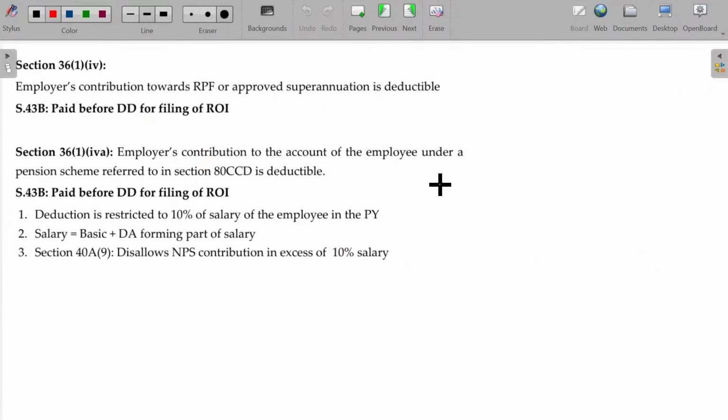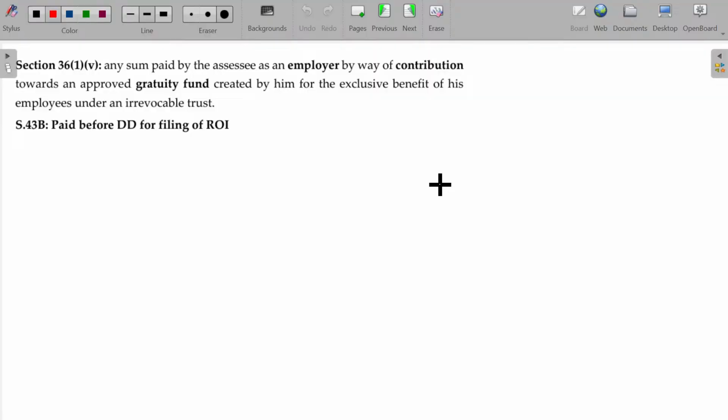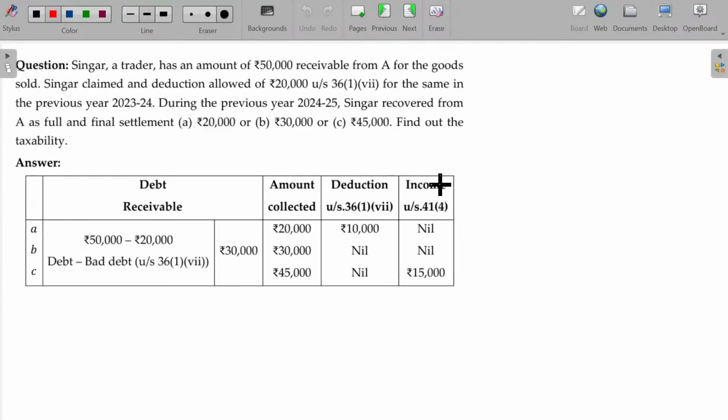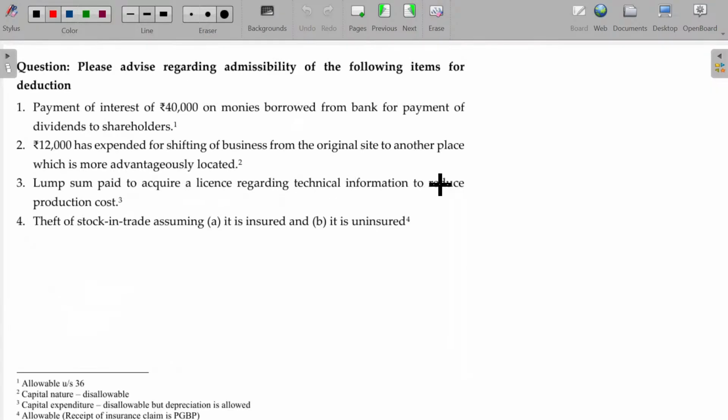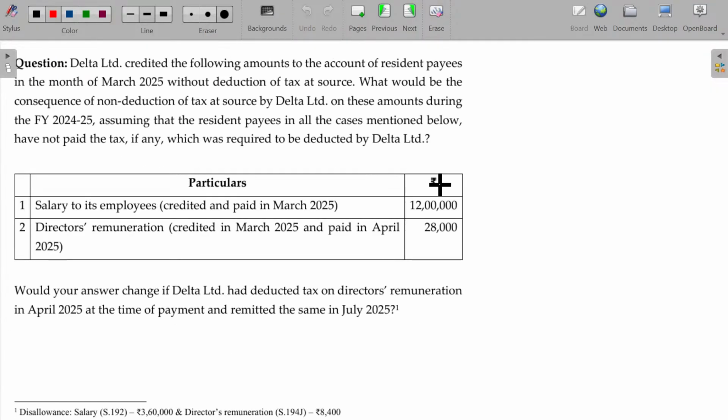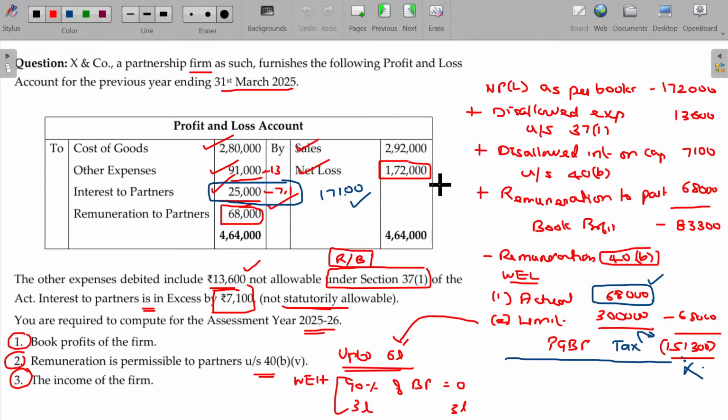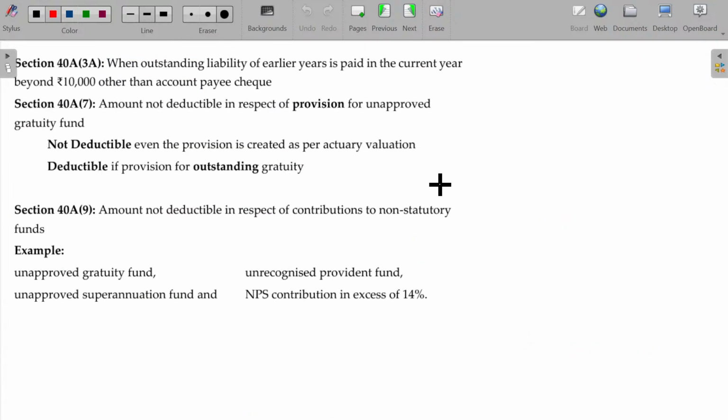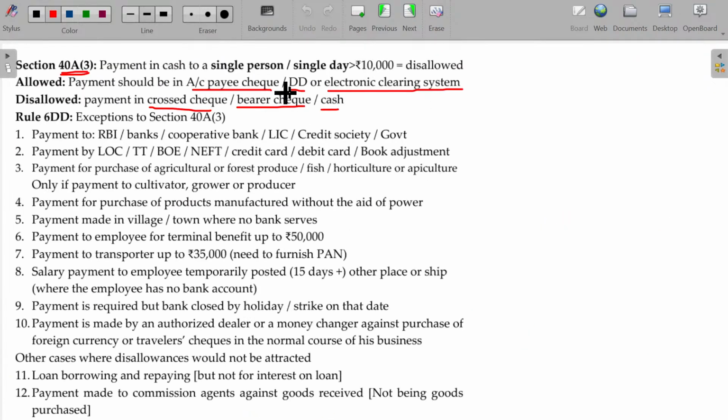But here it's very specific. It should not be a crossed cheque or bearer cheque. It should be an account payee cheque only. Clear? Only these are allowed. So account payee cheque, DD, ECS allowed. Crossed cheque, bearer cheque, cash not allowed. So we have completed the provisions.